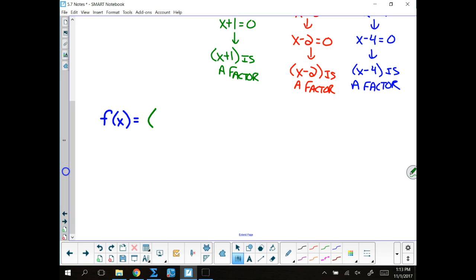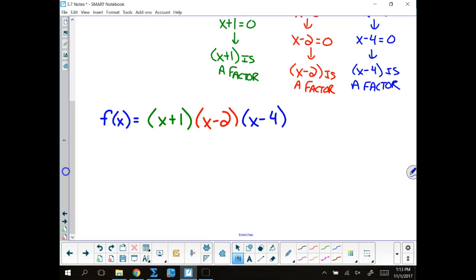X plus 1 times x minus 2 times x minus 4. Is that my polynomial yet? No. That's my factored form. So how am I going to get it from my factored form back to my polynomial? Distribute. Yeah, you're going to do the multiplication.